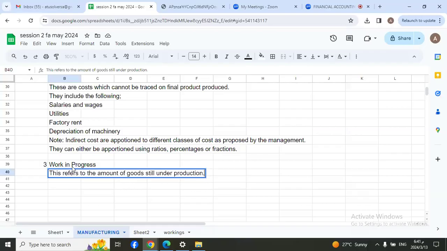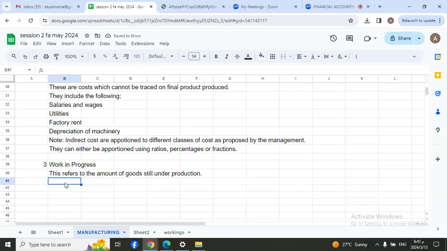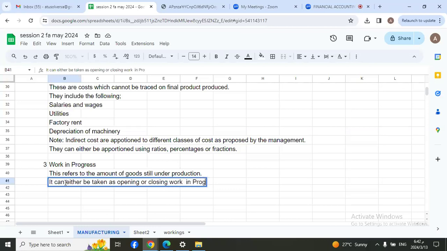So this is work that we've not yet completed. It can be taken as opening or closing work in progress.